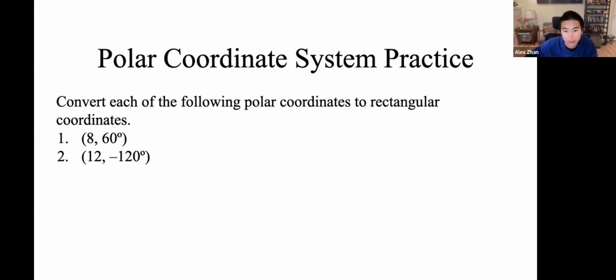If anyone has the answers, you can just directly type them into the chat. This is just done by using the earlier thing.